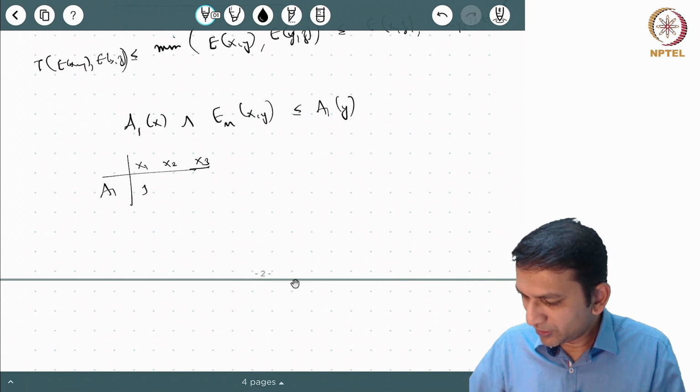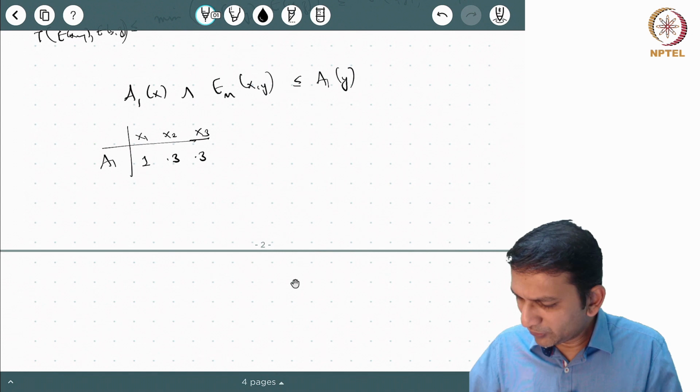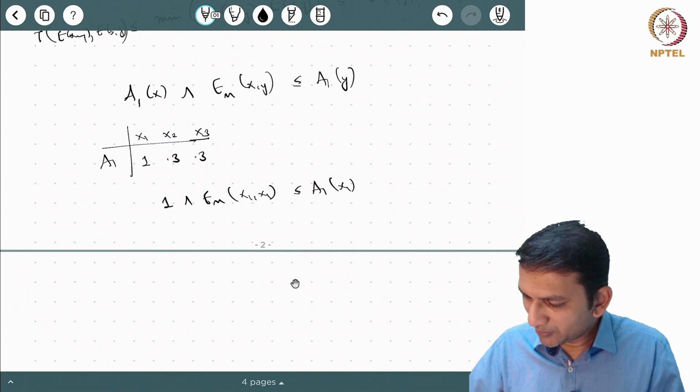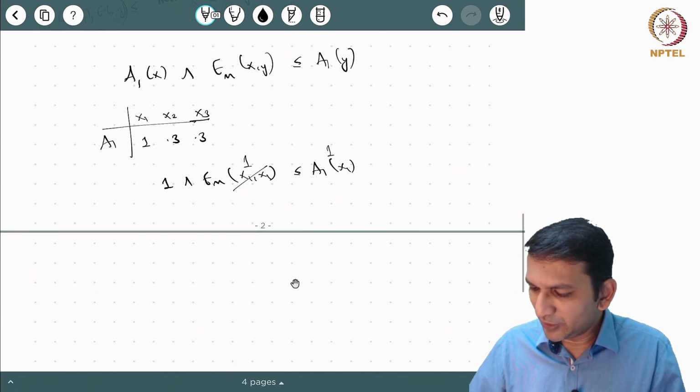A1 is (1, 0.3, 0.3). If we take A1 of x1, then it is 1, and Em of x1, x1 should be less than or equal to A1 of x1. Clearly this will happen because both are 1. So for the diagonal elements we don't need to check.